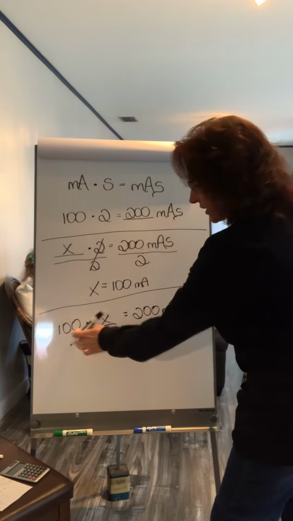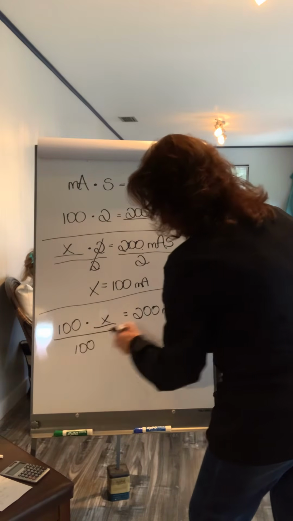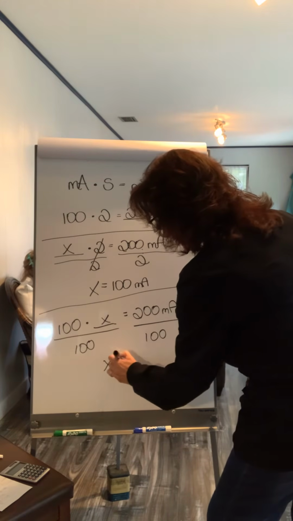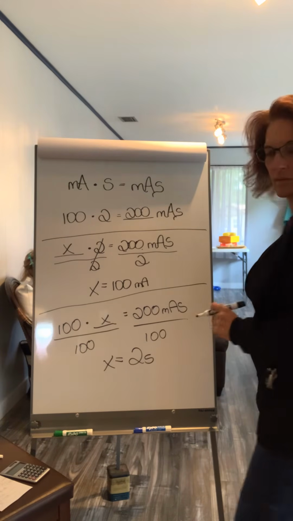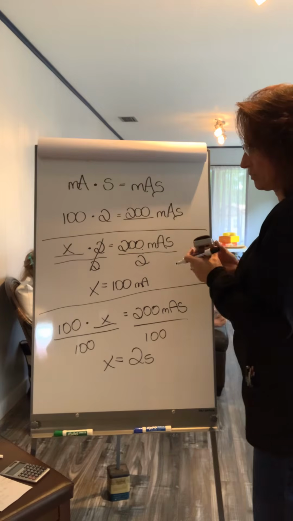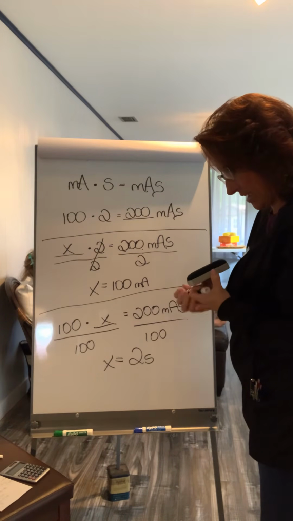All right, so 100 times X, to get rid of that, you would divide by 100 both sides. And that would leave you with X equals 2 seconds. Okay? So pretty easy, no matter where the X is, you're simply solving for that. And that is how you calculate your mass.